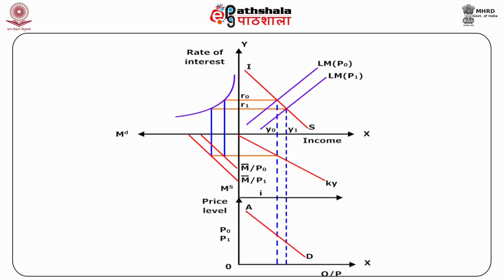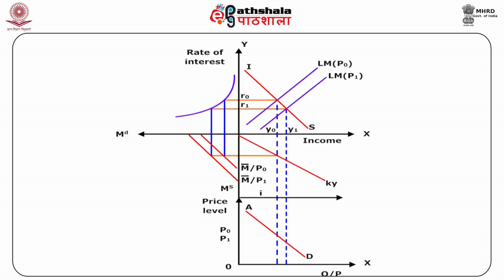So, corresponding to the decline in the price level in the economy, the aggregate demand has expanded from Y0 to Y1. Hence, at price level P0, the aggregate demand is Y0, at price level P1, which is a lower price level, the aggregate demand is Y1.